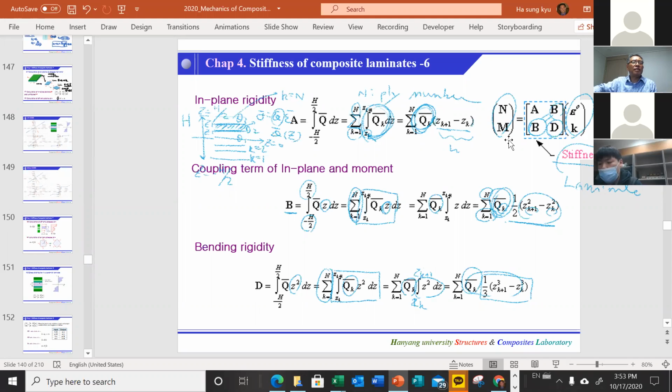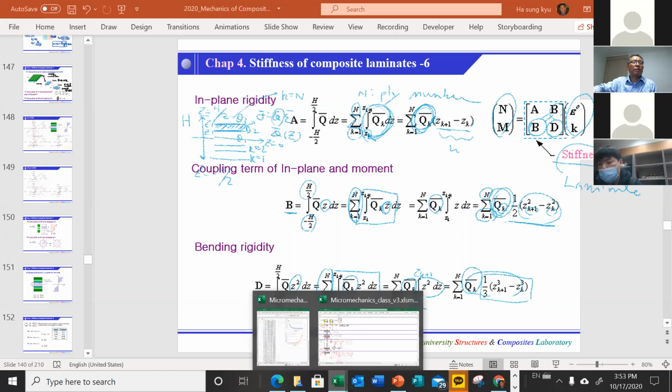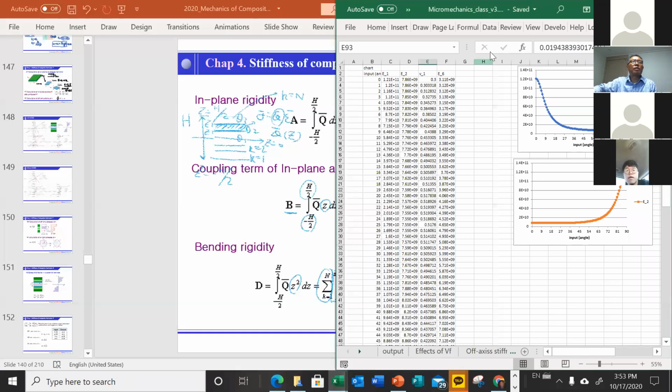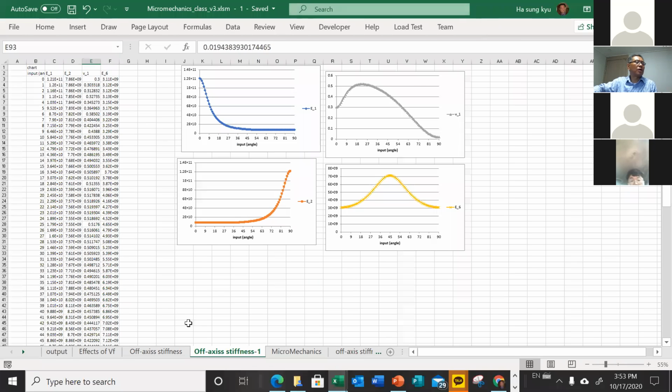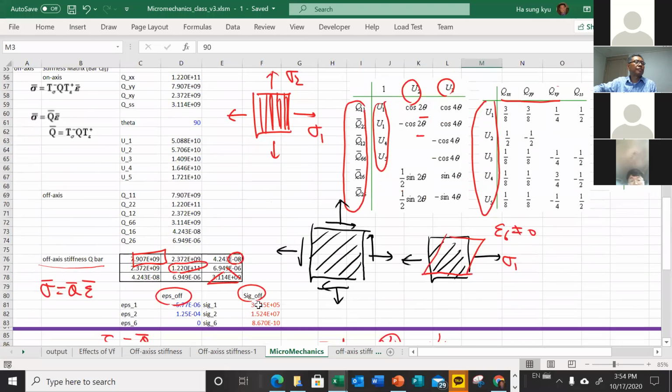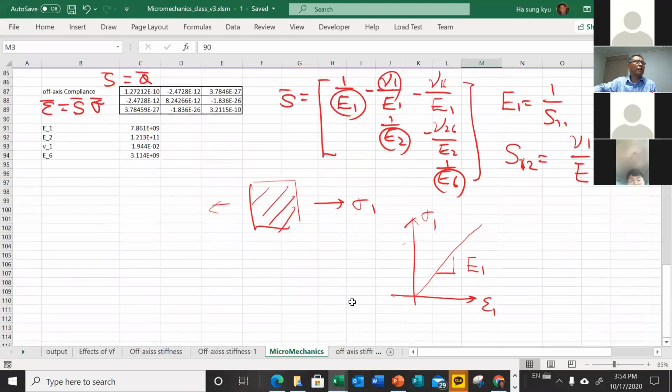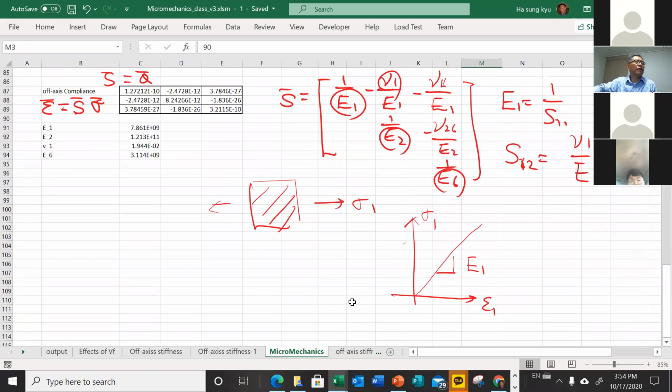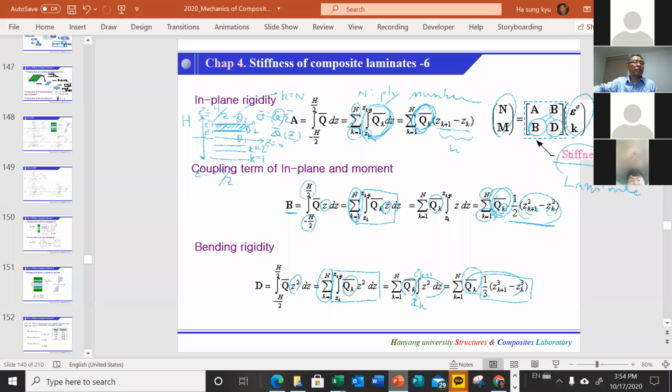But this ABD is the core part, and to make sure, the homework I'm going to assign today is to calculate the ABD matrix of a laminate.